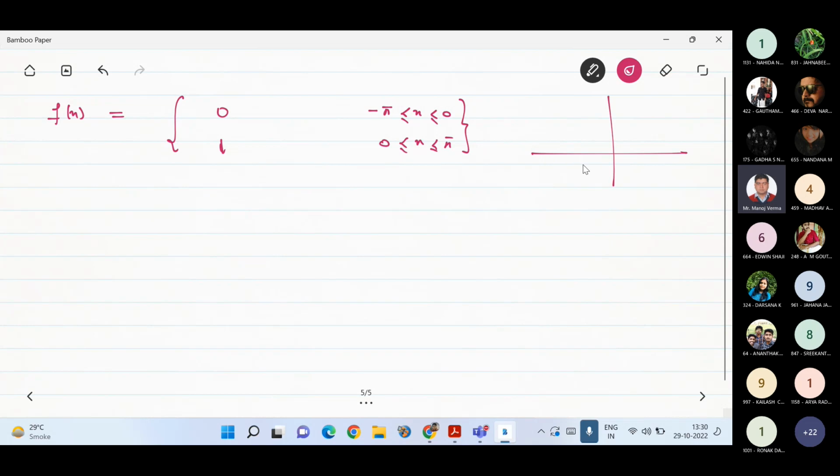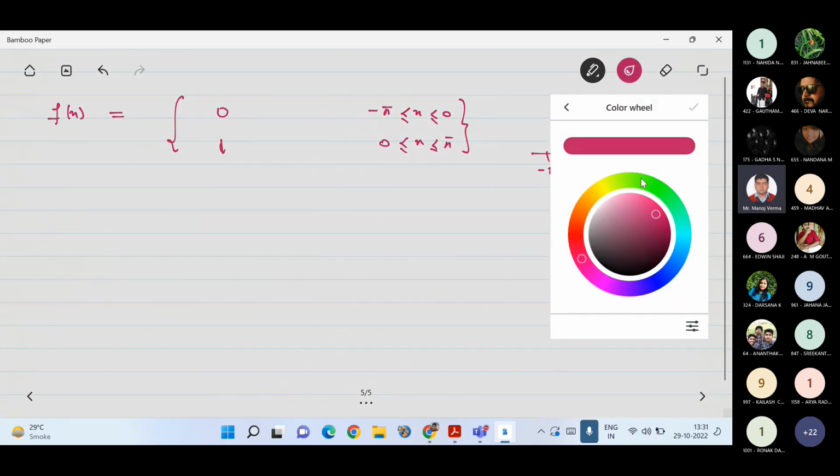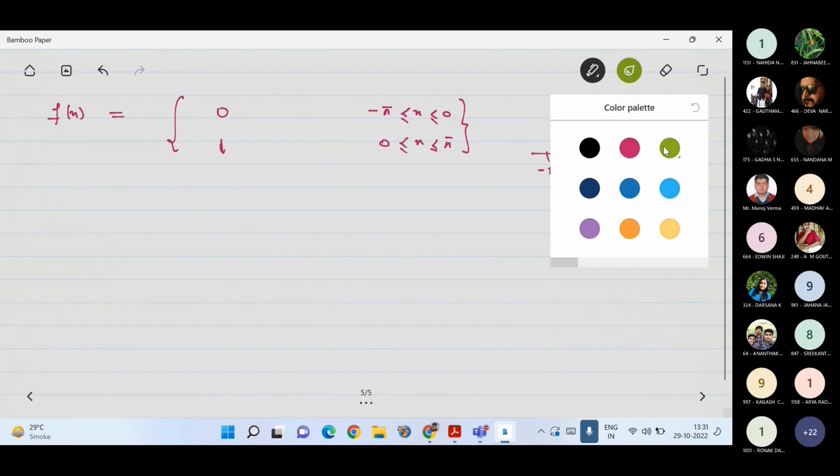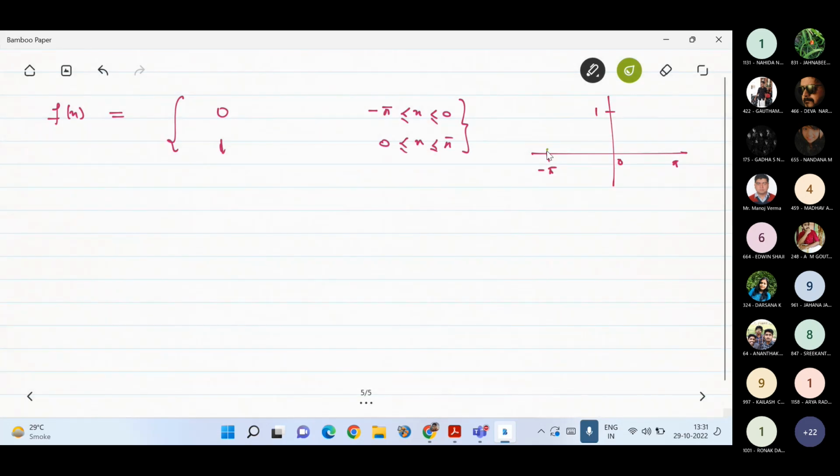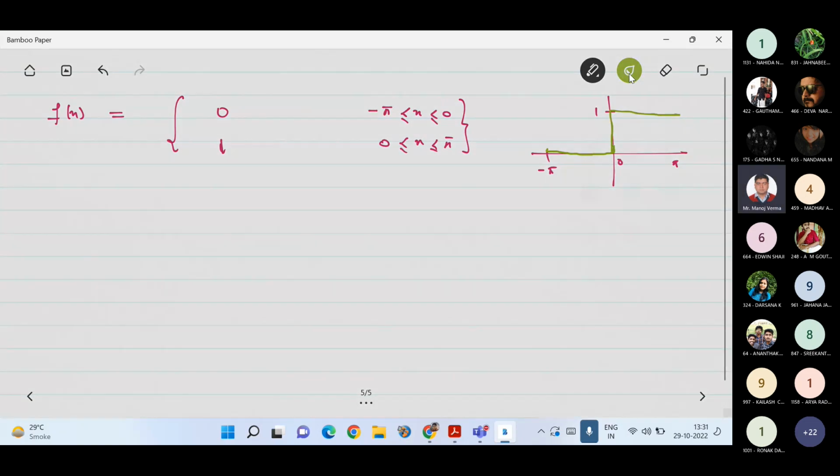This function goes from minus pi, 0, pi, to plus 1. This is a step function. For this, I have to calculate the values of the Fourier coefficients.